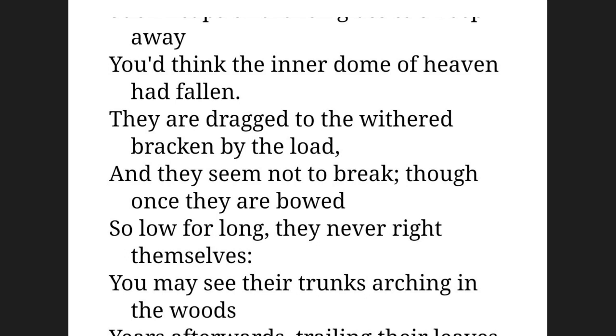Now what happens to the branches of these birch trees? Because of the load of ice, they are bent. Overnight they have sustained this load of ice, and now even if the ice has cracked and has showered down like crystals, and even if the load is gone, the branches are bent permanently.